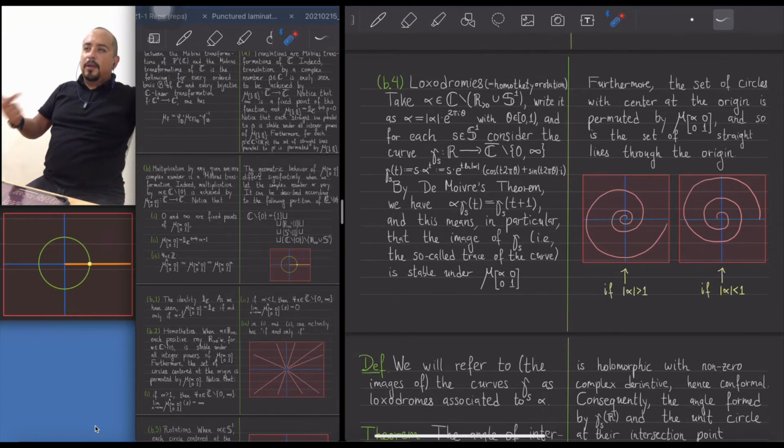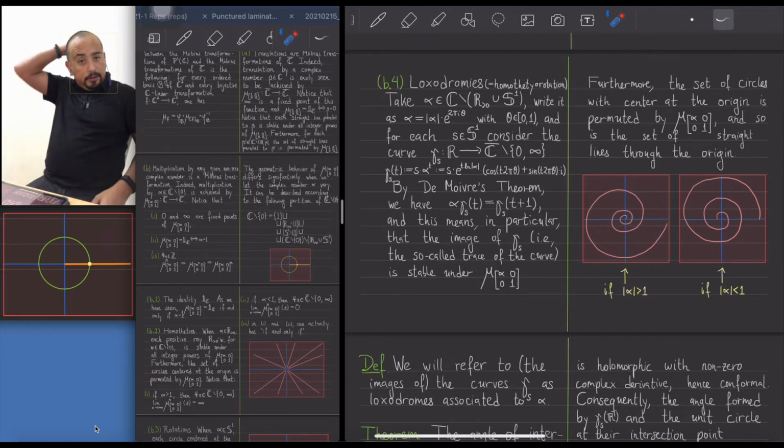Not only that, but I'm going to rotate them, because if you rotate and then you start multiplying by alpha, you still have something stable under multiplication by alpha.